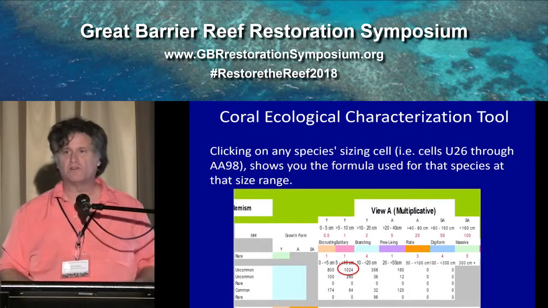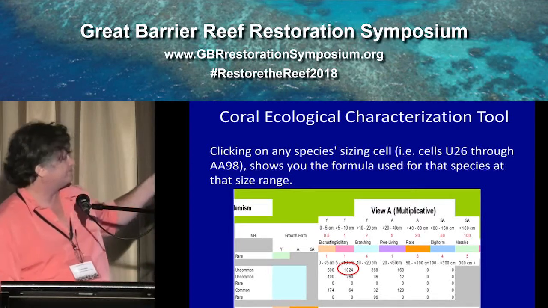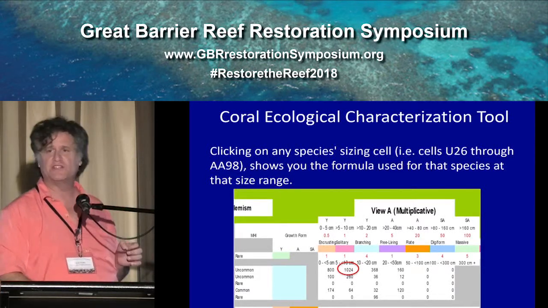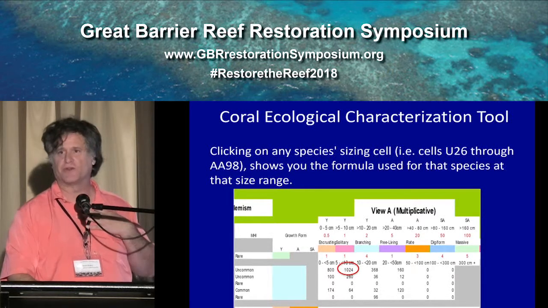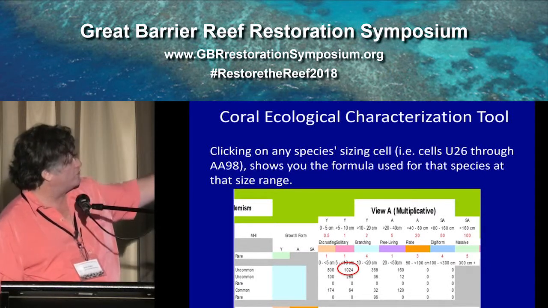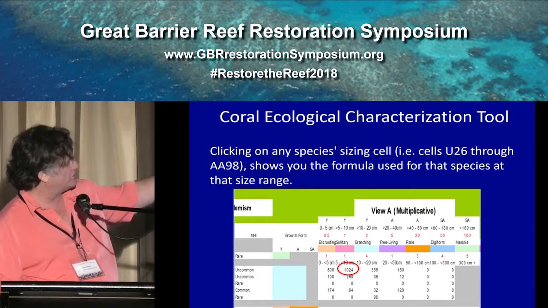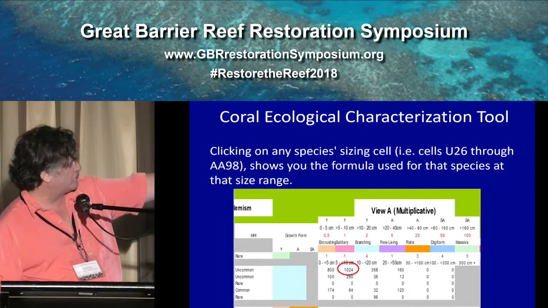And this is what the model looks like. Basically, we had to make it very transparent because we were approaching this from a legal perspective of taking people to court. So when you run the model for each of your corals, it'll come up with a characterization value. What you're seeing here, the circle, that's telling me those are all the corals of that species that are in the 5 to 10 centimeter category.